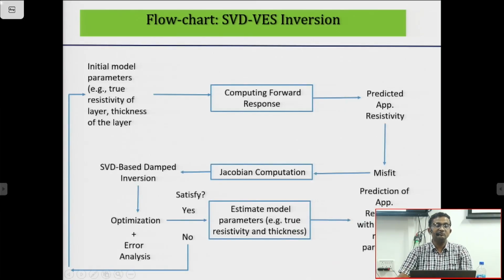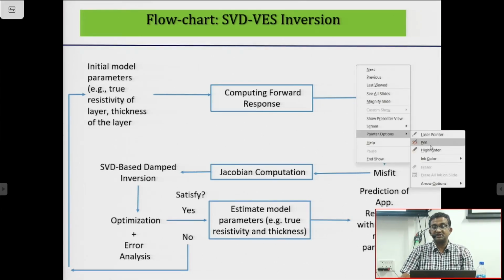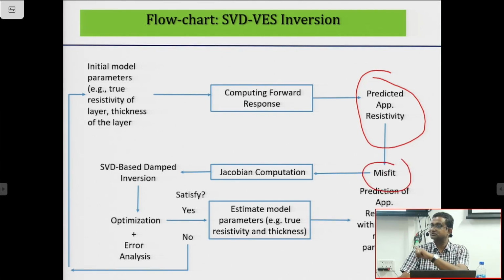So essentially you have to first guess the initial models, then compute the forward response. So you will compute or predict it through the assumed models. Then we have the observations, which are provided in the data.